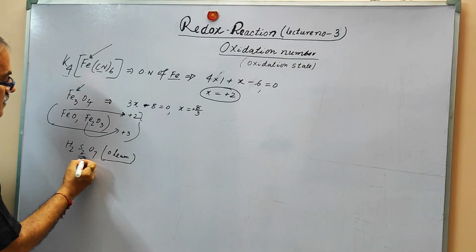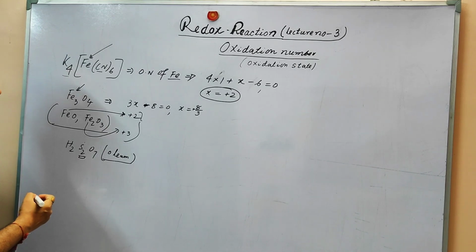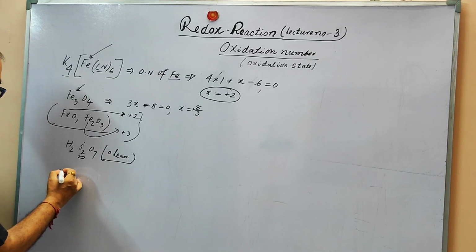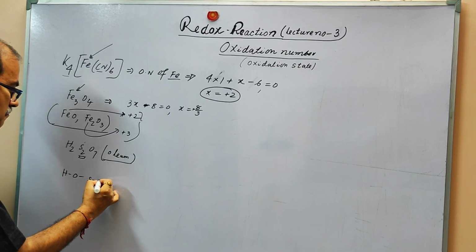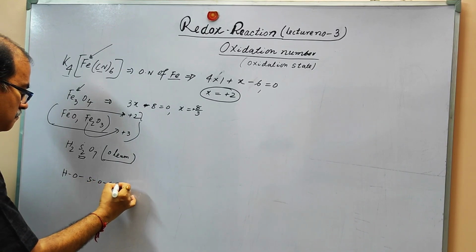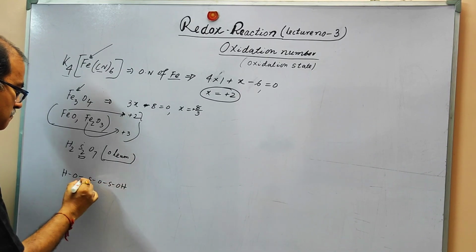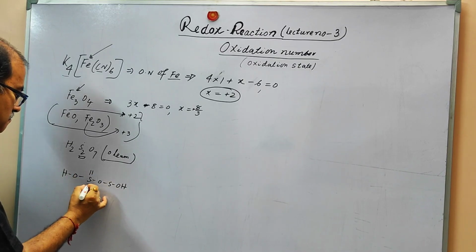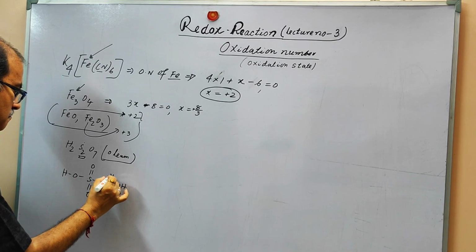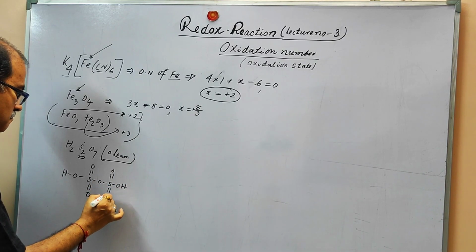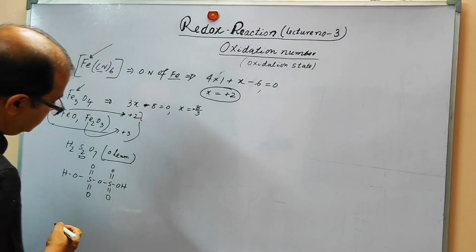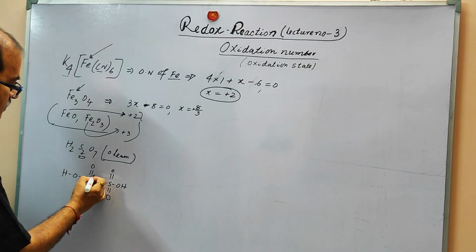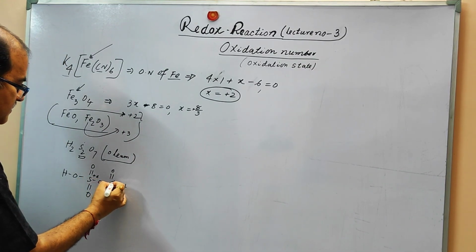Here, if you see the structure, you will find it will be like this, and in that case the oxidation number of these two sulfur atoms will be plus 6, the same.